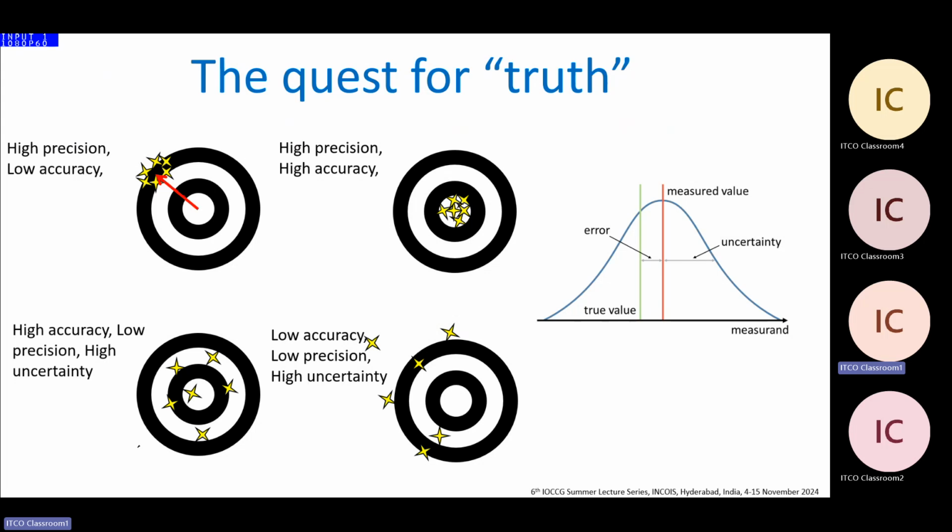The other way to represent this is that, when you make a number of measurements, you may have a distribution of the values, like this normal or Gaussian curve. The red line is the value you would like to get at the end, and how far you are from this true value is your error, and how wide this distribution of your measurements is determines the uncertainty.